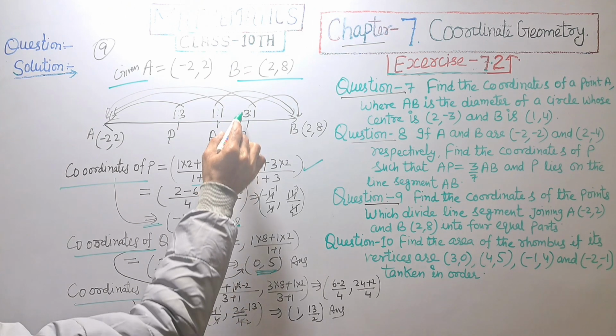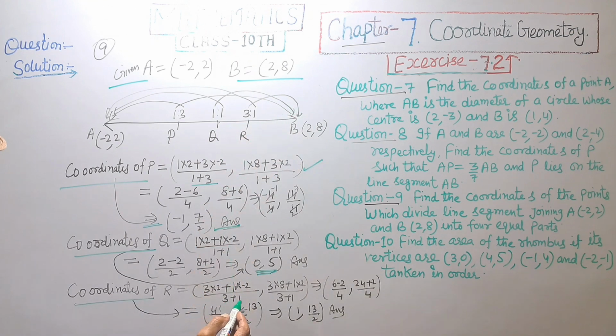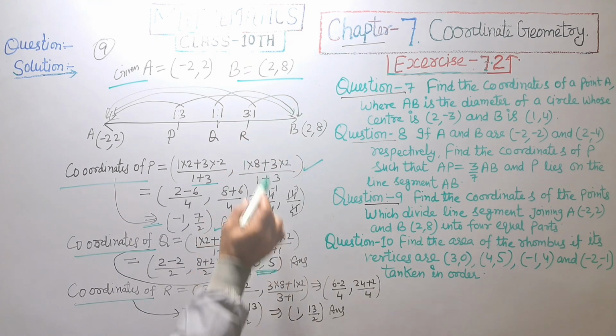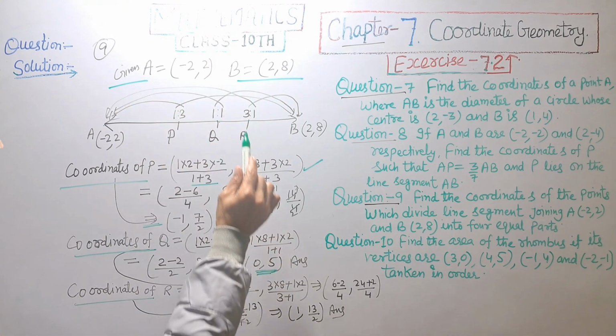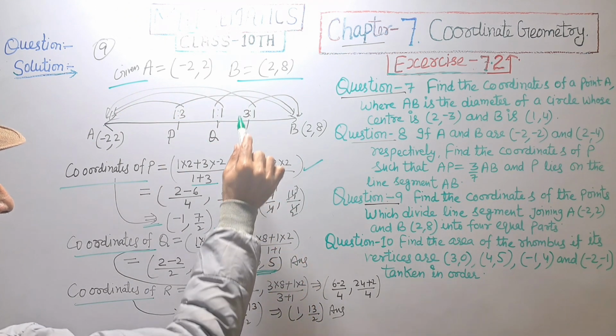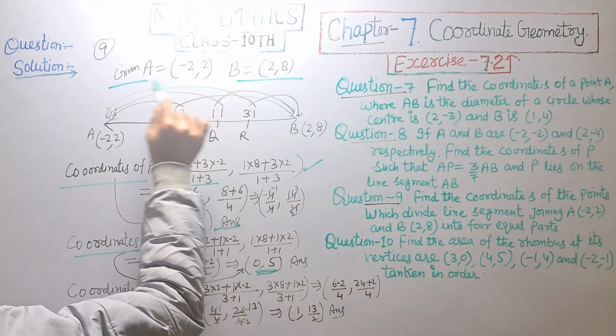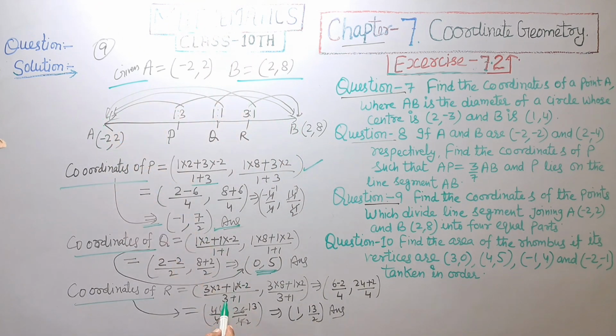Coordinates of R equal (m1x2 + m2x1)/(m1 + m2), same process, (m1y2 + m2y1)/(m1 + m2). 3 multiplied by 2 plus 1 multiplied by -2 divided by 3 plus 1: 3 2s are 6 and 2 1s are 2, 6 minus 2 is 4, and 4 divided by 4 is 1.